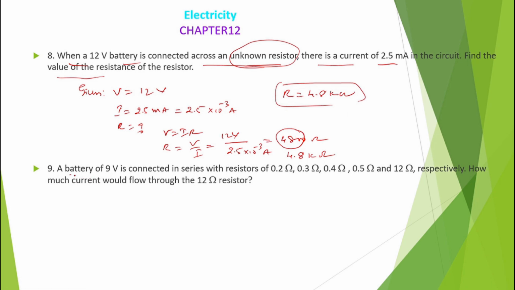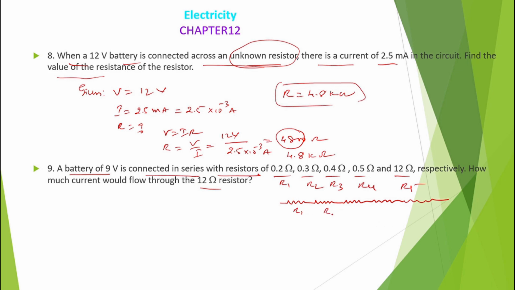So next question. A battery of 9 volt is connected in series with resistors of 0.2, 0.3, 0.4, 0.5 and 12 ohms respectively. How much current would flow through the 12 ohm resistor? He is asking. So he is having R1, R2, R3, R4, R5. So these are all connected in series. Okay. 1, 2, 3, 4, 5.